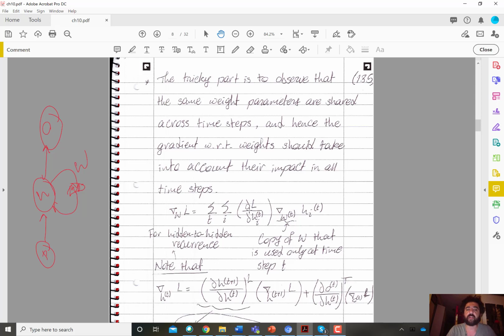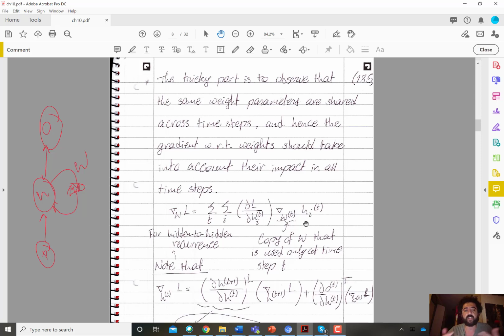So this is the partial derivative of the loss function with respect to hi of t times the gradient of hi of t with respect to W. So over all hidden units in all time steps, I compute the derivative of the loss with respect to that hidden unit, because this is the chain rule for backpropagation, times the gradient of this hidden unit with respect to W.